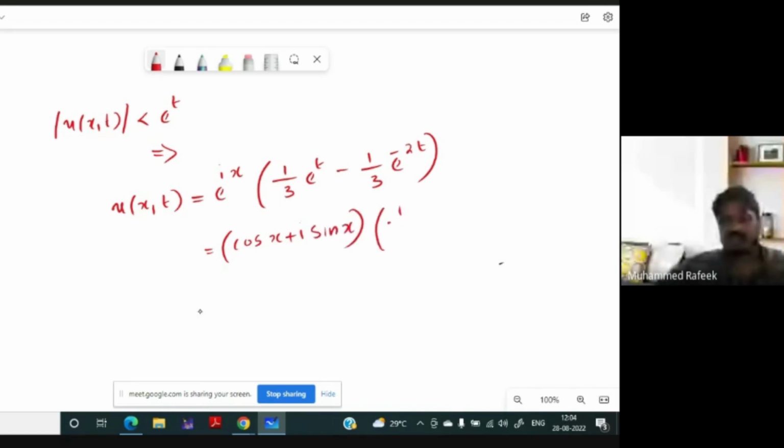So it has some oscillatory nature, because these are oscillatory functions, right? So it has an oscillatory nature also. So the last option is also correct.